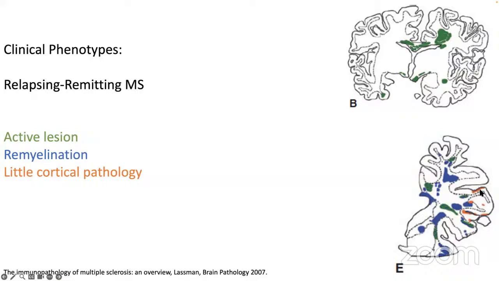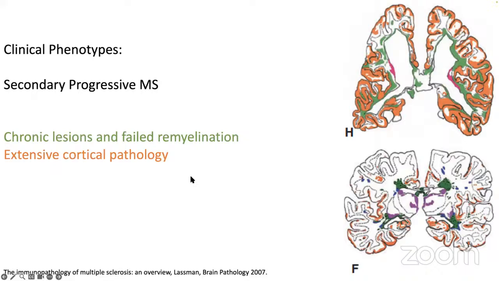But also over time, some people with relapsing remitting MS start to develop some cortical changes in the subpial demyelination pattern. At the time that people develop secondary progressive multiple sclerosis, two important phenomena happen. The previous remyelination that was successful initially starts to fail. So it's a failed remyelination, broadly speaking, for these lesions and also for these lesions in the green. And the cortical pathology starts to be more extensive.